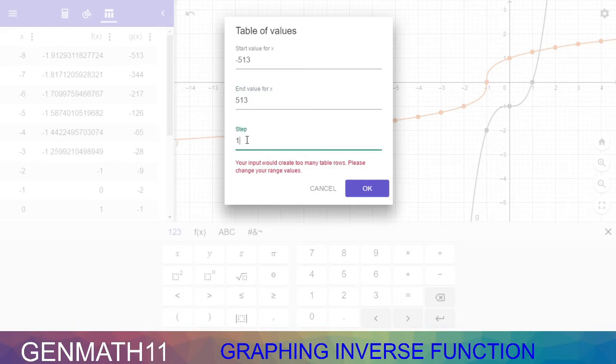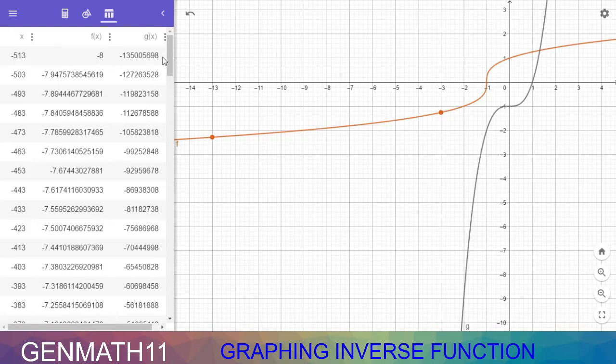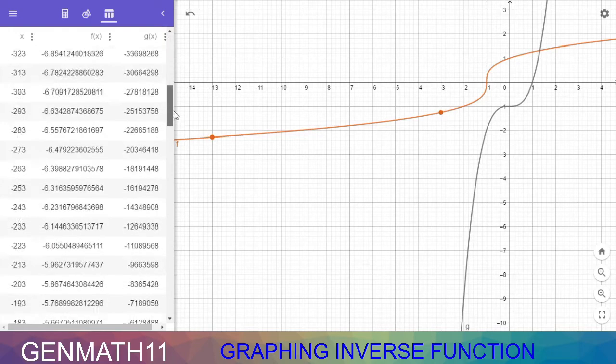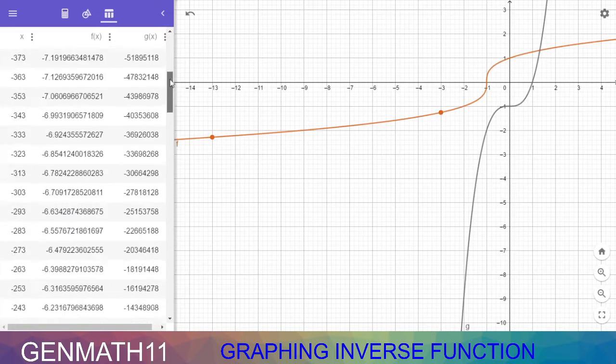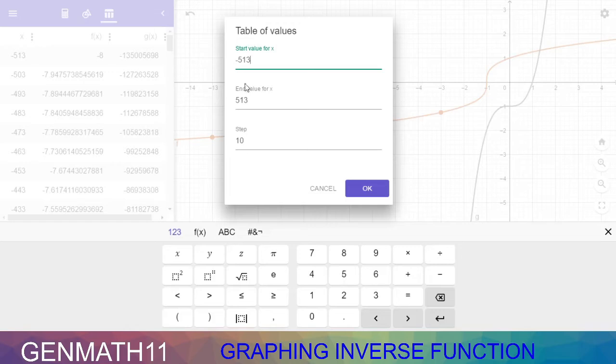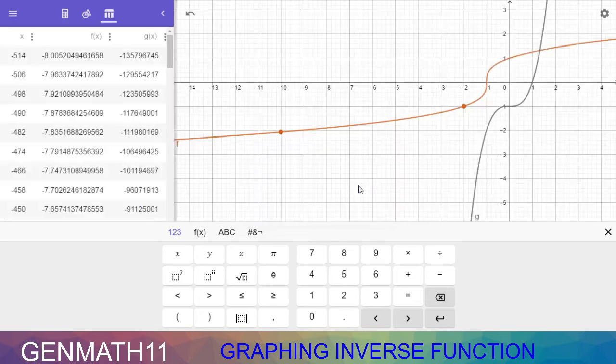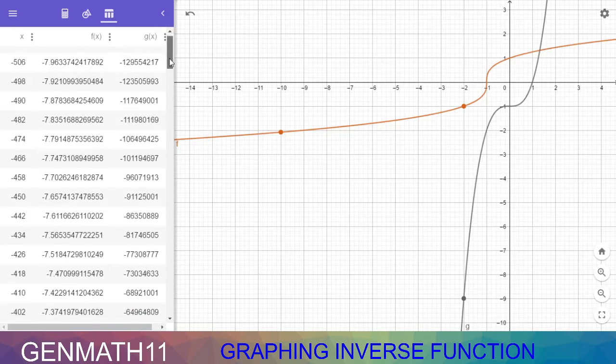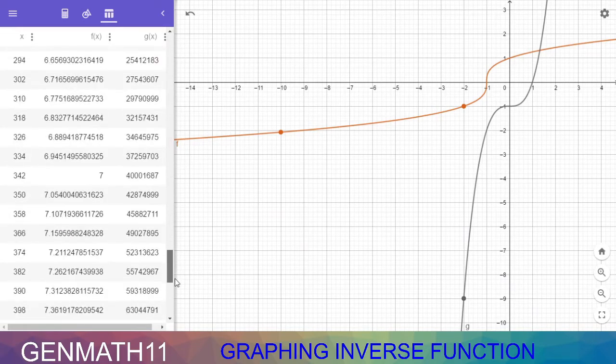Please change the range values. Okay, gawin na lang natin by 5. Ayaw tanggapin. So, by 10. Yan. So, check natin ha. Check natin yung negative 8. Wait lang. Edit lang natin. Gawin natin siyang 514. Then, tingnan natin kung tatanggapin yung by 8 ha. Yan. So, hanapin natin yung negative 8.